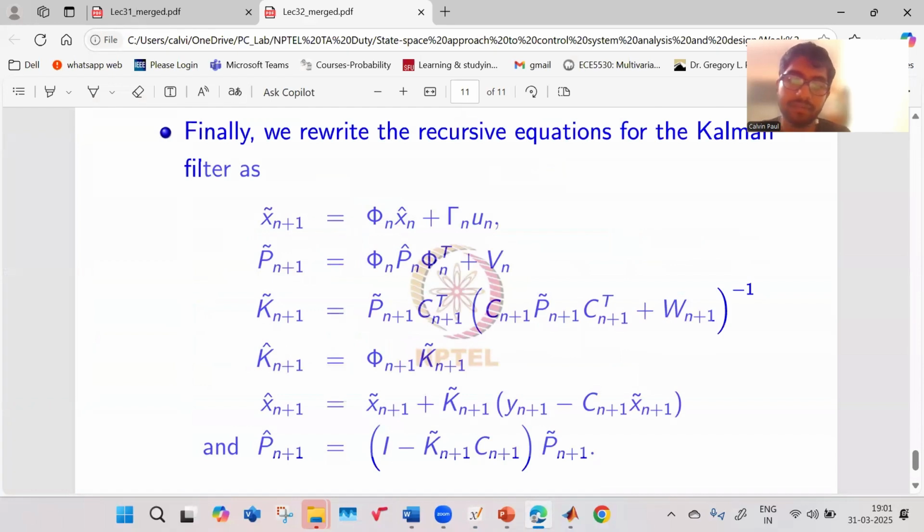What is the gain? Now this gain, K, depends on this predicted covariance matrix and this predicted state, as well as the output measured noise distribution.